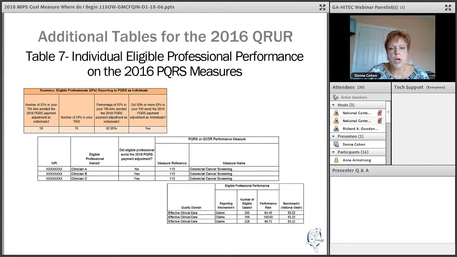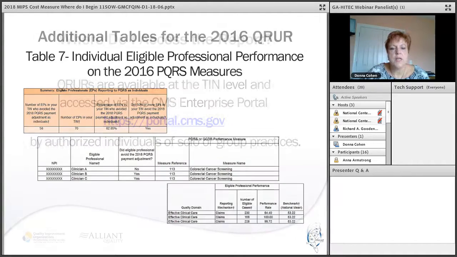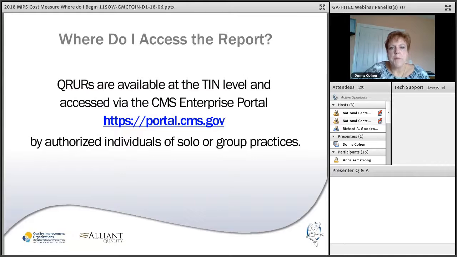So many of you have probably already accessed this information. For those of you who've had a problem accessing your report, you access your report from the CMS portal, and it's available for authorized individuals, solo as well as group practices. Now that authorized individual is the key to that.